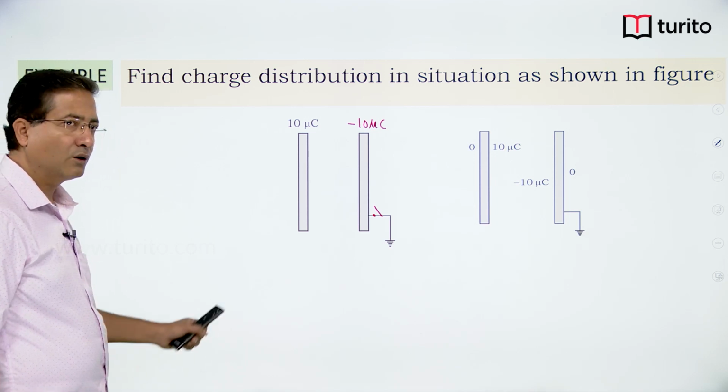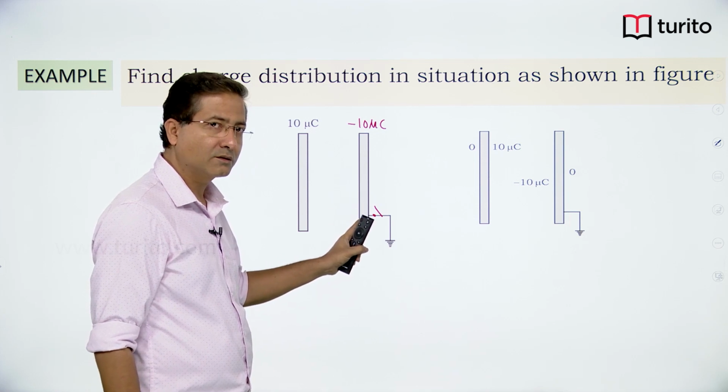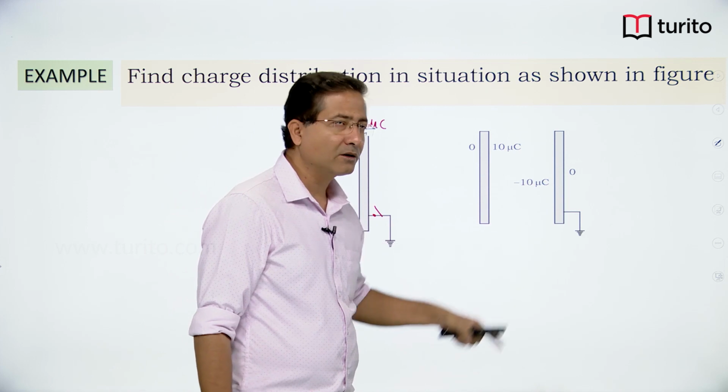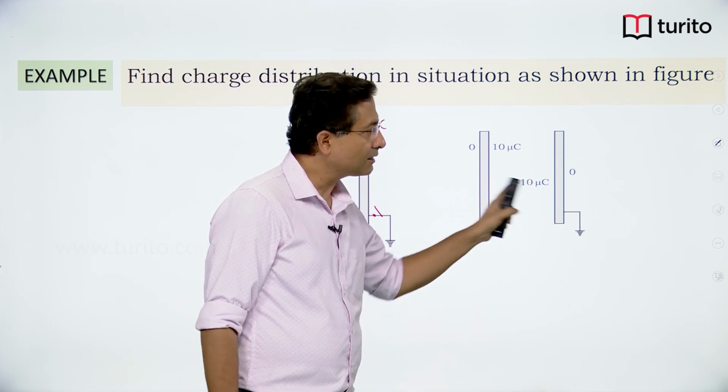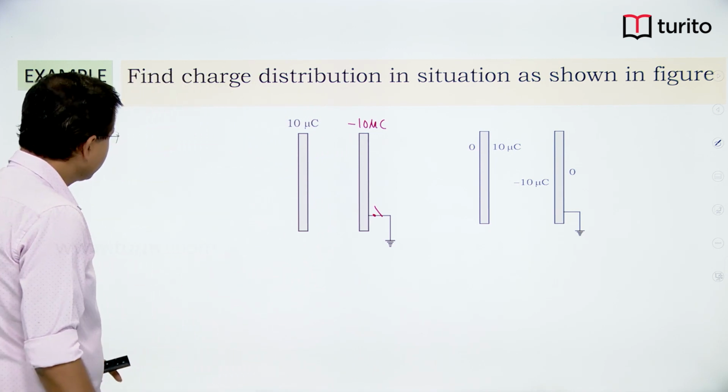So even if it is open or closed, it does not make any difference, charge will always appear on the inner surface, and there won't be any charge appearing on the outer surface, right.